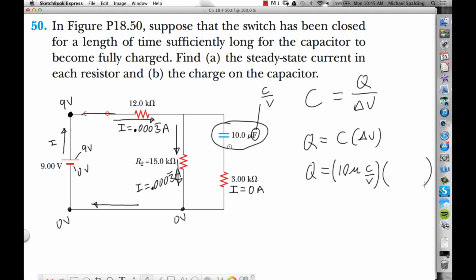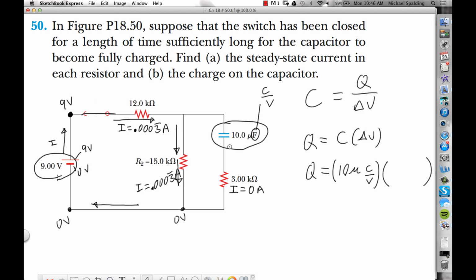Okay, now, the thing we got to figure out: how many volts are across the capacitor? The number one way to tell me on the quiz, hey, Spaldo, I really have no idea what's going on, is to take the voltage of the battery.